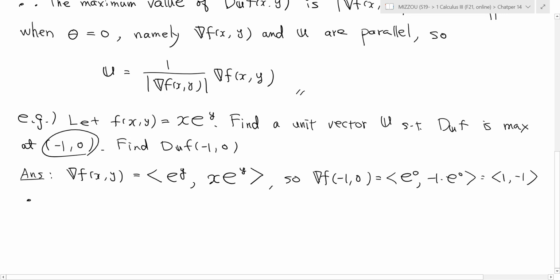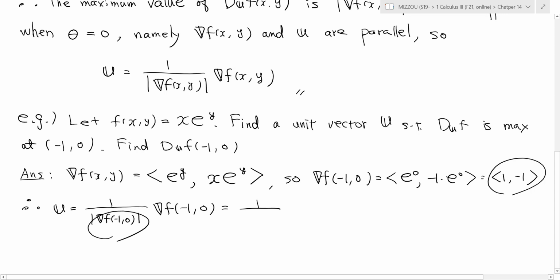Okay, so therefore, the unit vector is computed as 1 over the magnitude of this, which is the square root of 1 squared plus -1 squared, times 1, -1.